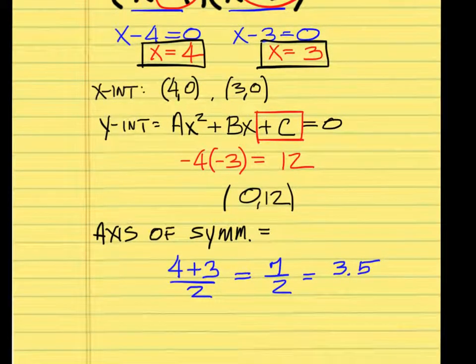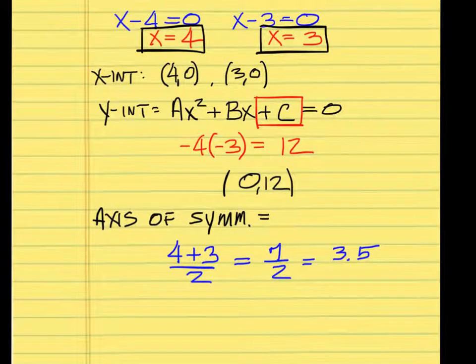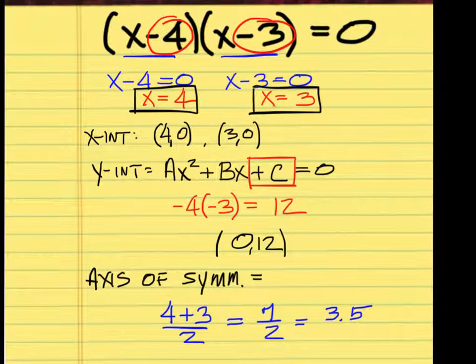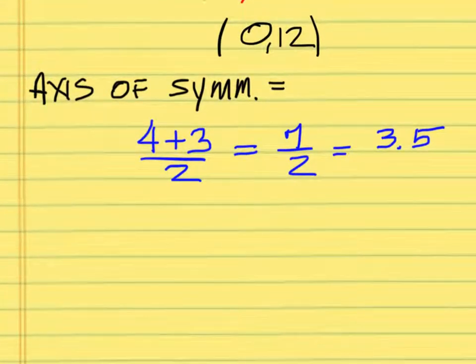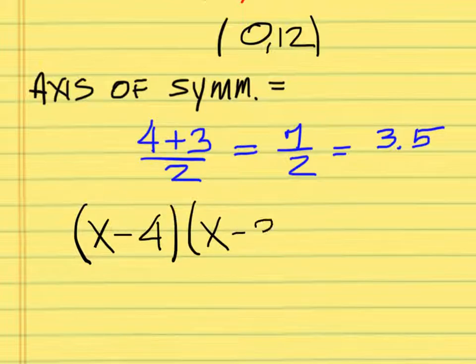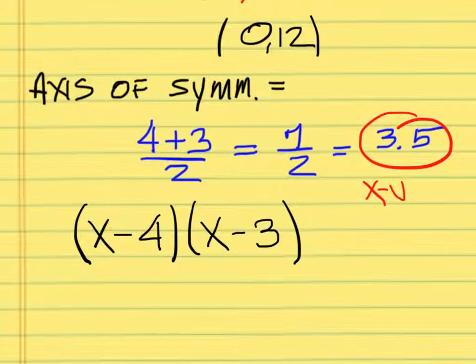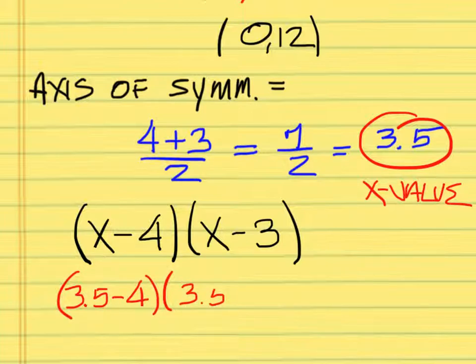And to find the y value of the vertex, you need your equation up there, x minus 4, x minus 3. And you will plug in the x value that you just found from the axis of symmetry in for x. It is 3.5 minus 4 and then 3.5 minus 3.